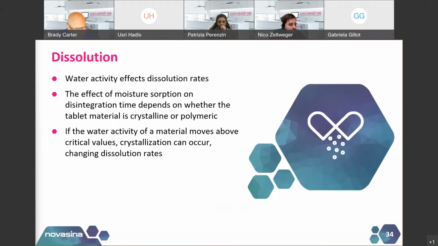If the water activity changes as a result of exposure or handling or whatever the case may be, and causes some of these phase changes to start to happen or partially happen, that will then impact the dissolution properties. So all of the money that's spent on looking at dissolution of these pharmaceutical products could be wasted, because those properties are going to change if you experience a change in water activity of the product.